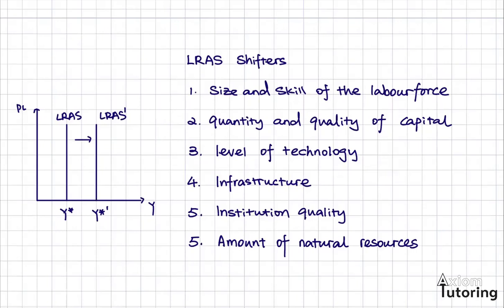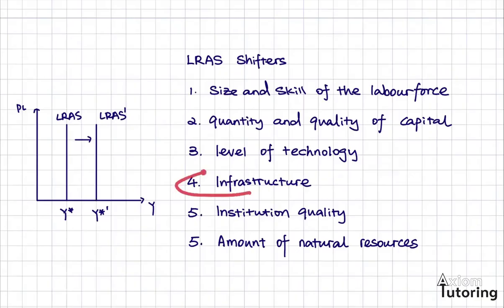Fewer resources are going to be required per unit of output. There will be higher productivity that shifts LRAS to the right. Technology also shifts SRAS to the right by reducing current production costs. So it influences both long-run and short-run aggregate supply.